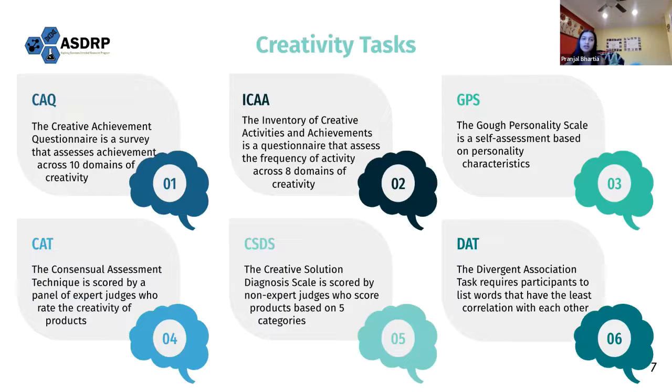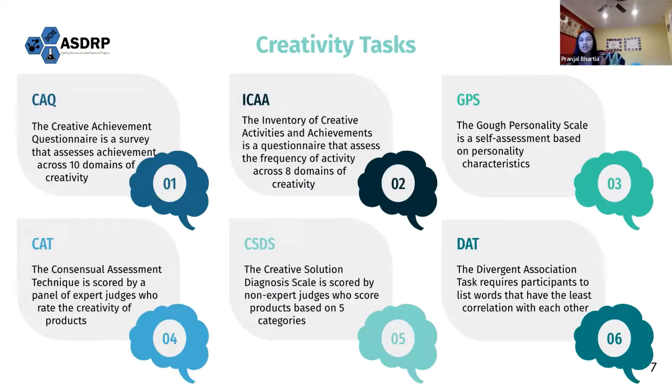Next, we're going to talk about the Creative Solution Diagnosis Scale, which also looks at a product like the CAT assessment, but the main difference is that it doesn't require experts to judge it. It allows non-expert judges, so potentially us. And it measures functional creativity. An example of the CSDS might be asking participants to create a mousetrap.